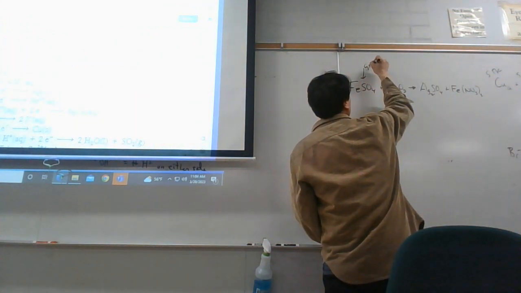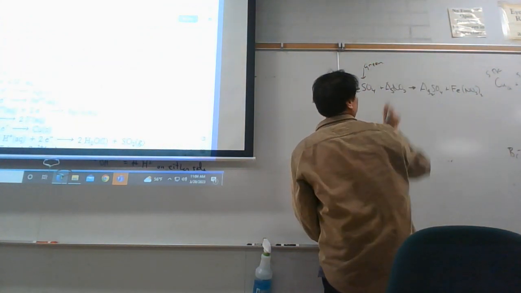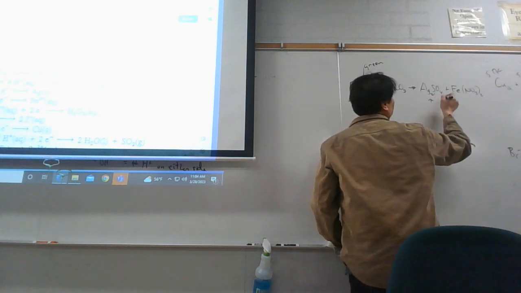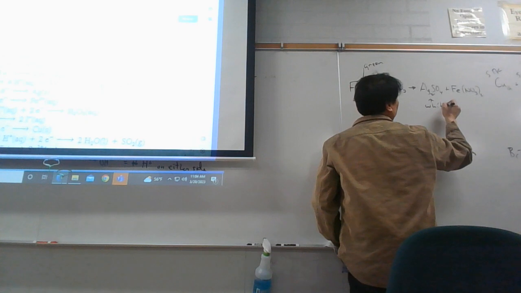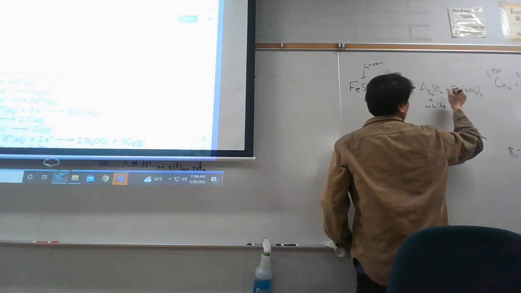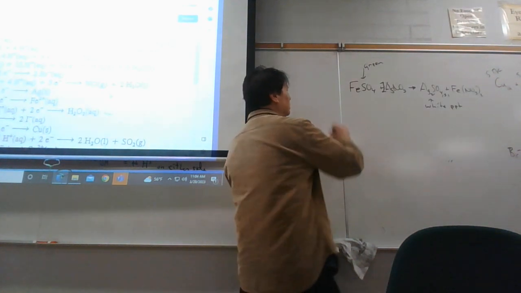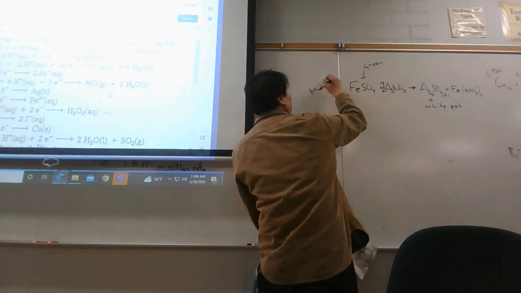FeSO4 is green. This is a green solution. We need 2 silvers for this. And so we get a PPT. This is a white PPT.